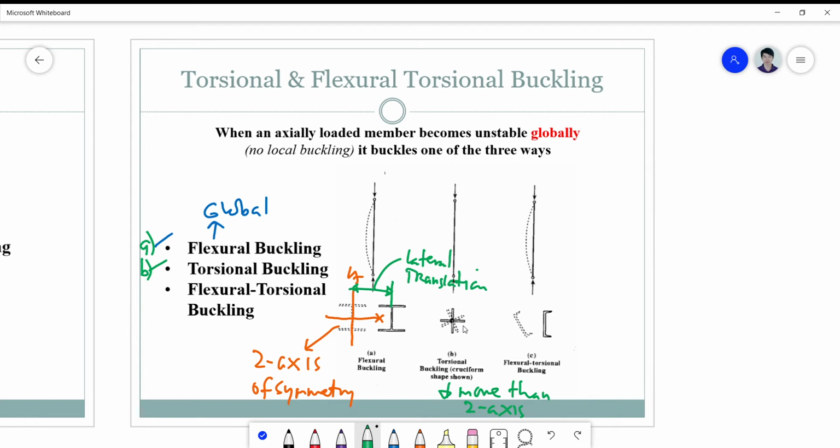So when you have a section which is shaped like a cruciform, the tendency for buckling is more on the side of the torsional behavior rather than the flexural behavior.